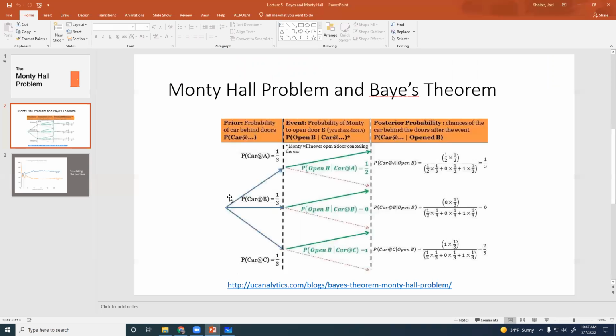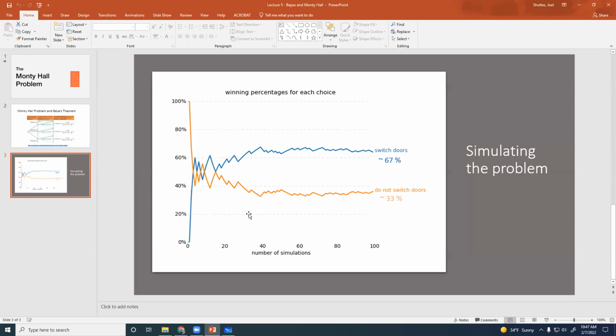And here's that figure that plays it all out. Then you can set up numerical trial simulations, right? Randomly you assign a car to a door, randomly you pick a door, and Monty always picks the other door. Then you can tell the program to switch or not.